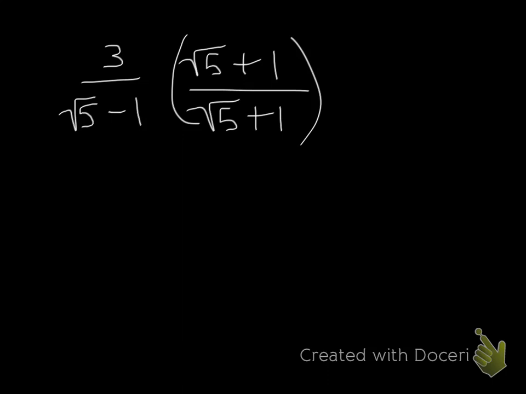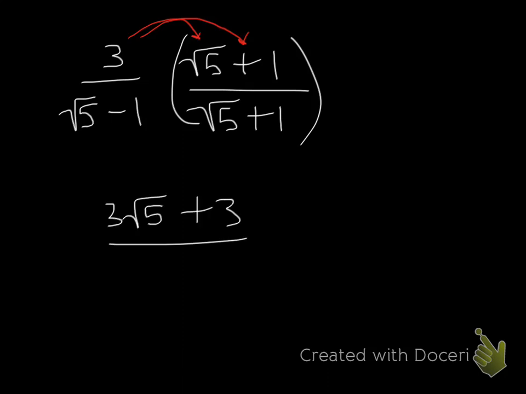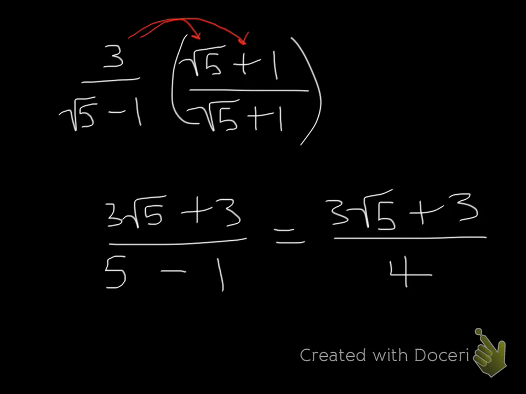So as we multiply two fractions, numerator to numerator, we use distribution, 3 root 5 plus 3 on top. Denominator is difference of squares, conjugates, right? 5 minus 1, just the squares of both those two terms, the result. 3 root 5 plus 3 all over 4.